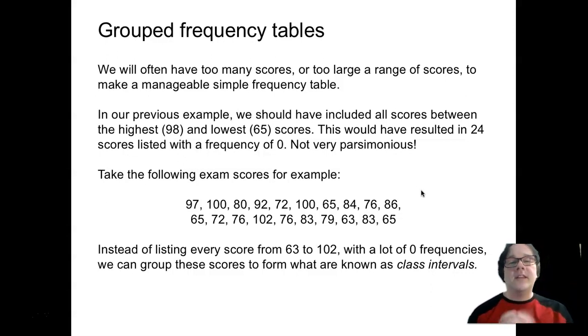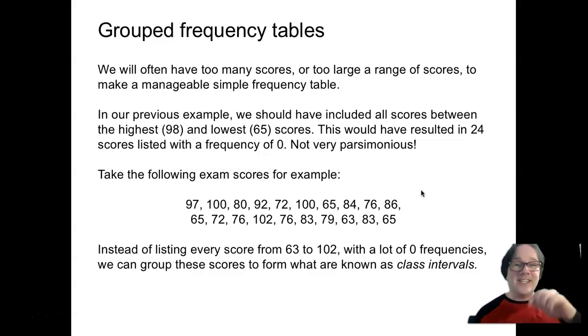So we can take the following exam scores as an example here. So we have a little bit more scores in this case. So not just more scores, but we also see the range of scores. Looks like 63 is the lowest score, and it goes all the way up to 100.